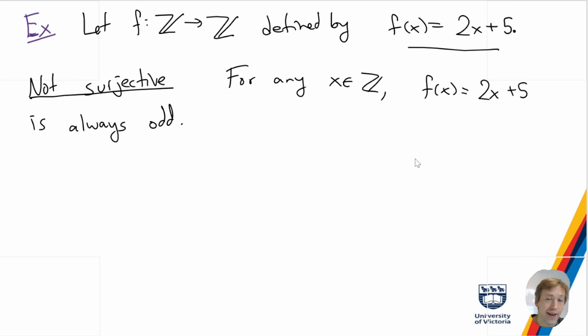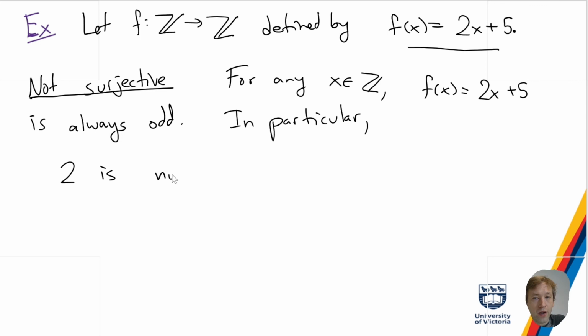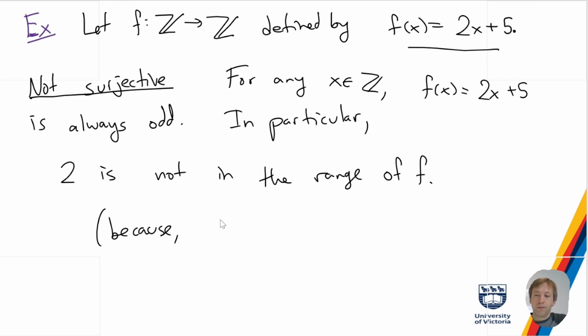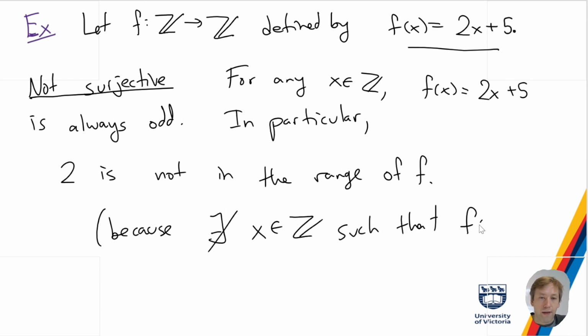That has to always be odd. So in particular, the number 2 is not in the range of f, because there doesn't exist x in the integers such that f of x is 2.